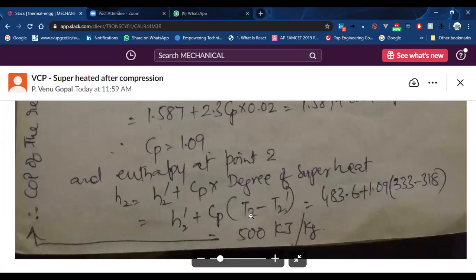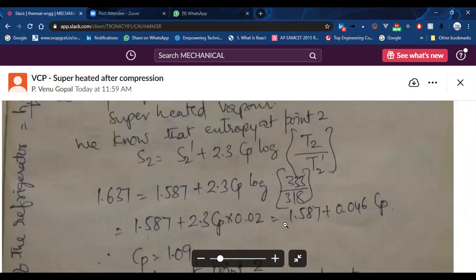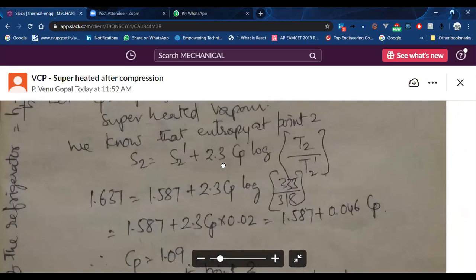In order to calculate this, we already know H2 dash, T2 is 60 degrees, T2 dash is 45 degrees, but Cp we don't know. Cp means specific heat at constant pressure of that particular vapor. In order to calculate that, first you equate the entropies once again. Here we have to equate entropies. How? S2, entropy at point number 2.